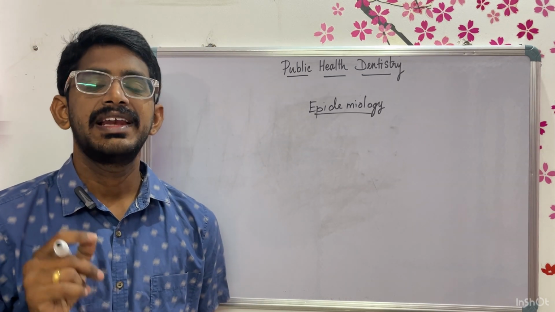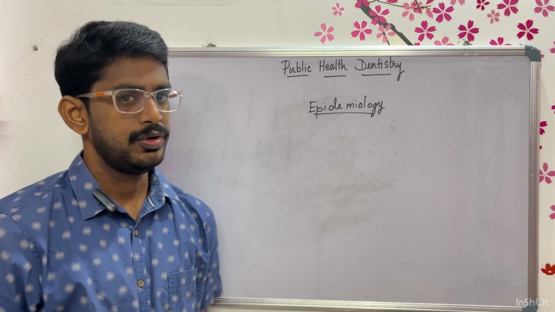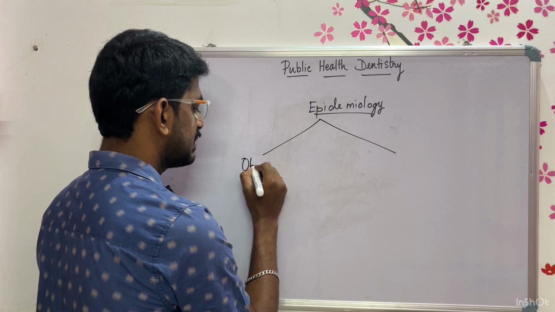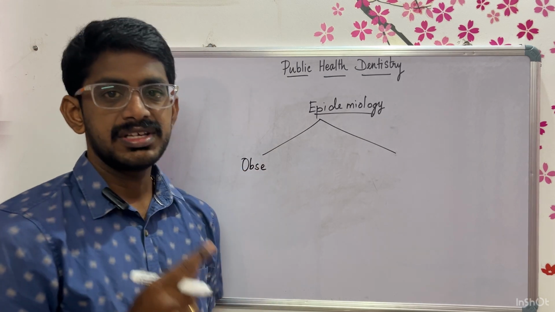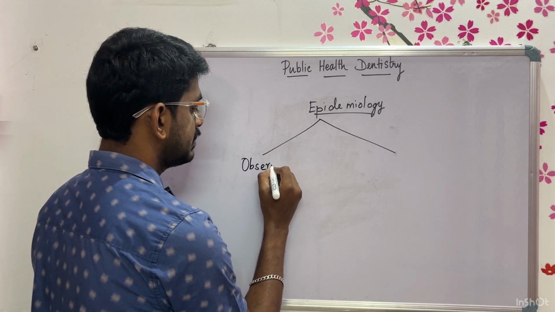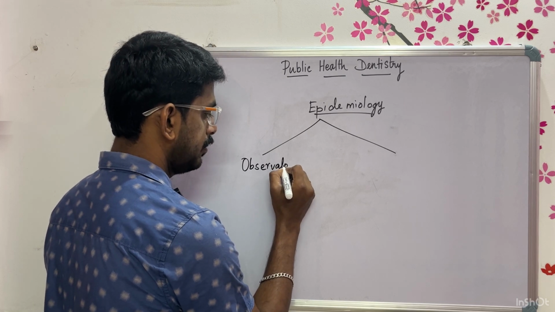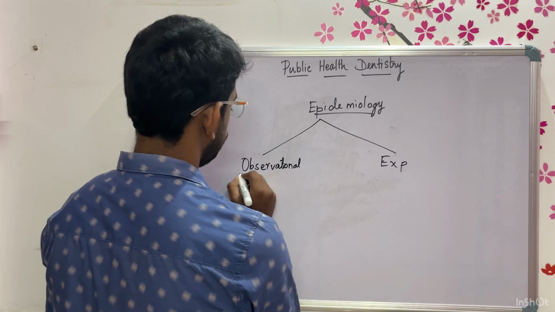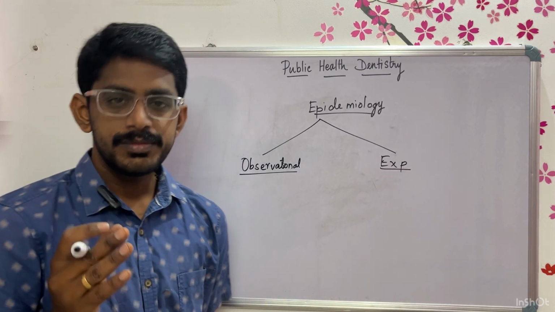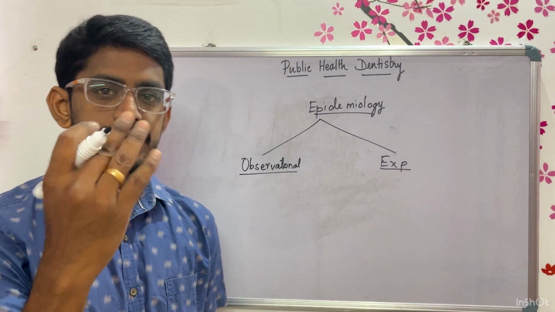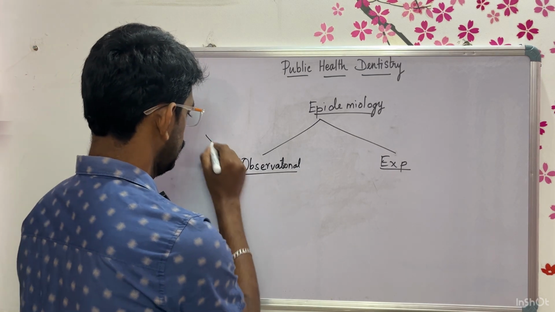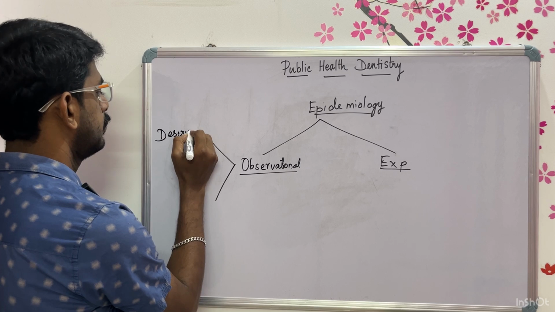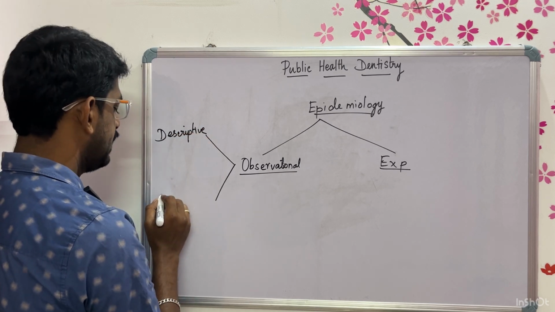Now let's see the classification of studies in epidemiology. Basically, epidemiology or epidemiological studies are classified as observational and experimental. Under observational studies, you have another two subtypes, that is descriptive and analytical.